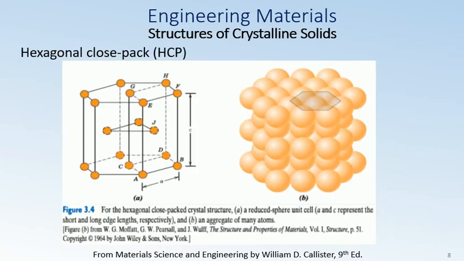Okay, moving on to next, the third type that we talked about is the hexagonal close pack structure. For this hexagonal close pack structure, in figure 3.4a on the left side you can see the reduced sphere unit cell model, where a and c represent the short and long edge lengths respectively, and an aggregate of many atoms in a hexagonal close pack crystalline material.